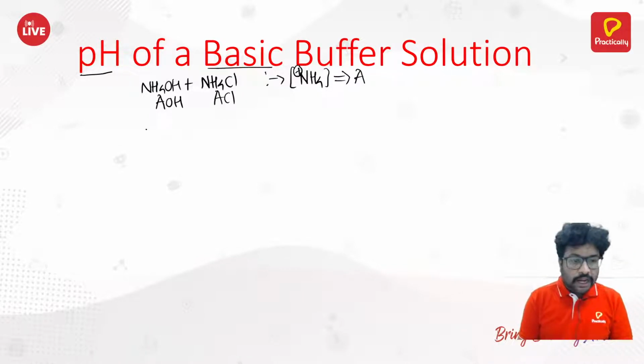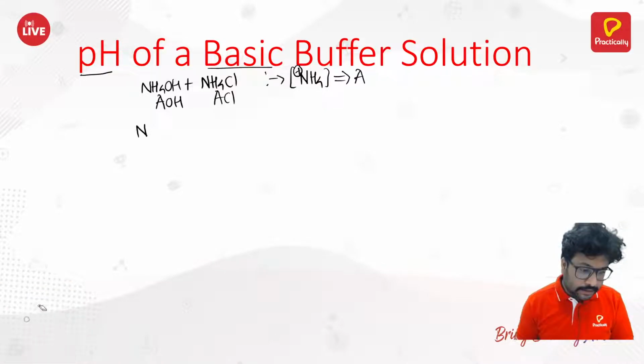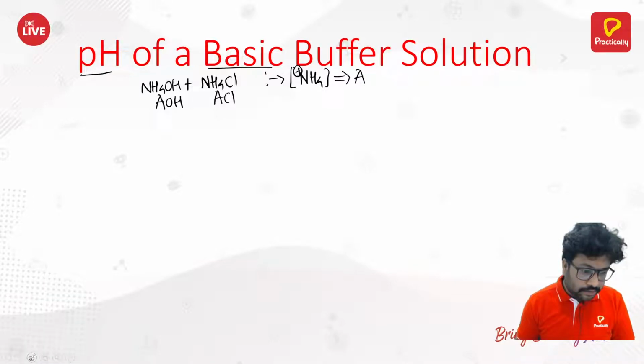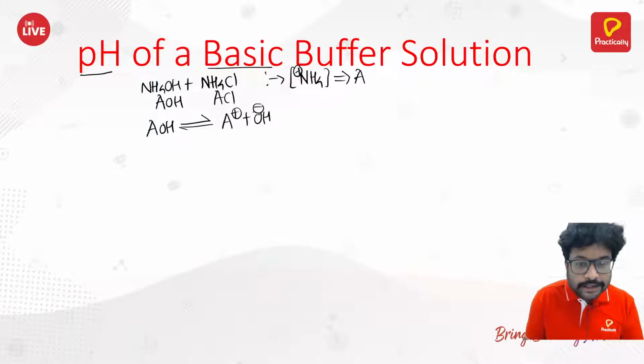Okay, now NH4OH is a weak base. So AOH being a weak base, it will dissociate as what? A plus and OH minus.